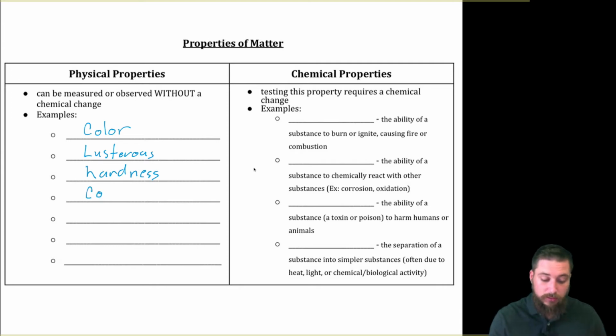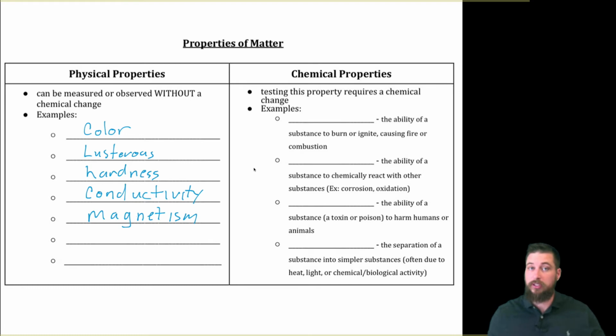Conductivity, so some substances can conduct electricity, and when it does conduct electricity, it's not changing. If it has magnetism, if we observe that something's magnetic, it's not changing when we observe that.